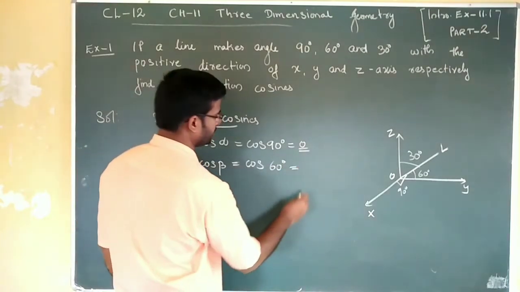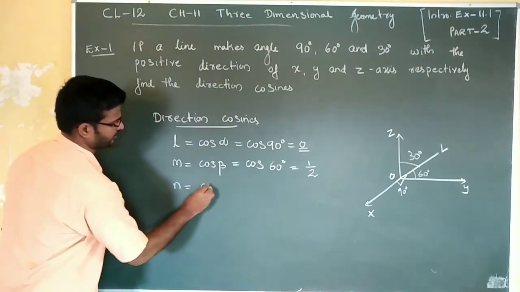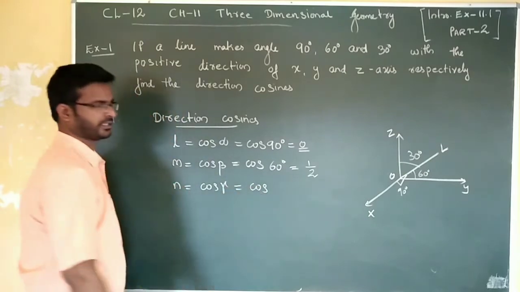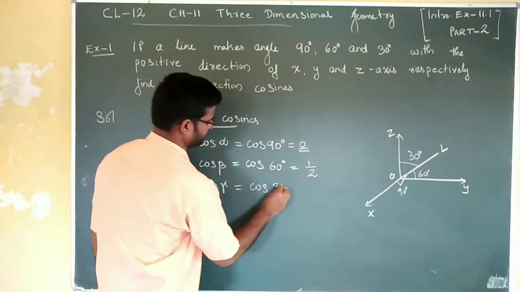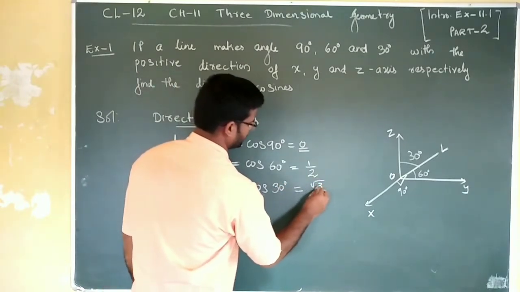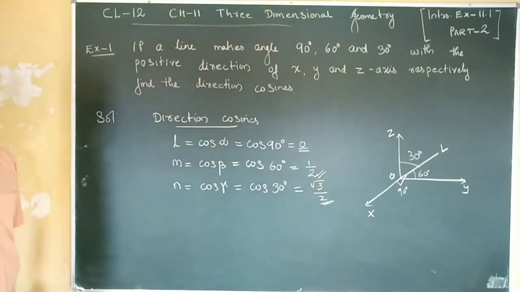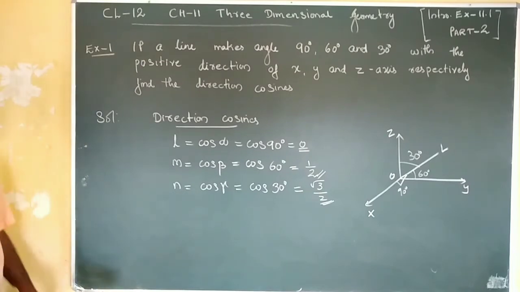Cos 60 degree is 1 by 2. And last, n equal to cos gamma, the angle between the z-axis and the line, which is 30 degree. Cos 30 is root 3 by 2. This is our answer, the direction cosines. Just pause the video, write down in your notebook.